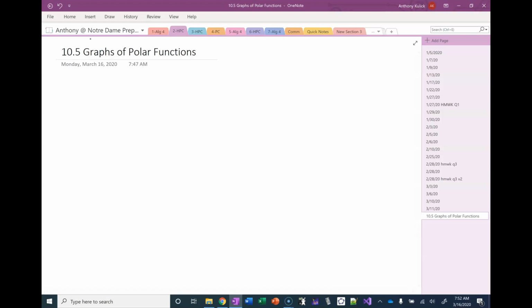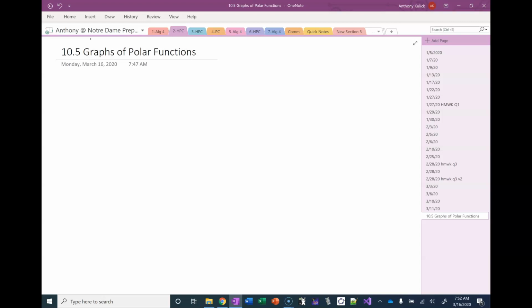So in the previous lesson we talked about how we can convert polar functions into Cartesian functions and Cartesian functions back into polar functions, which makes you think that maybe these two things are equivalent.